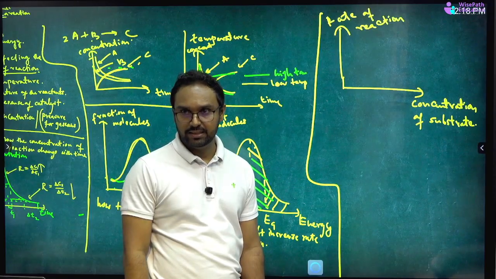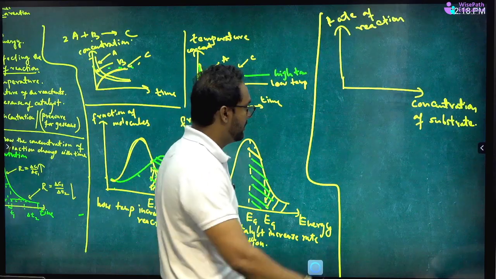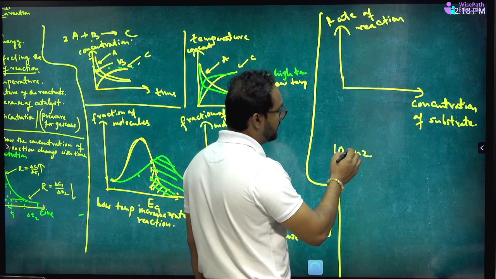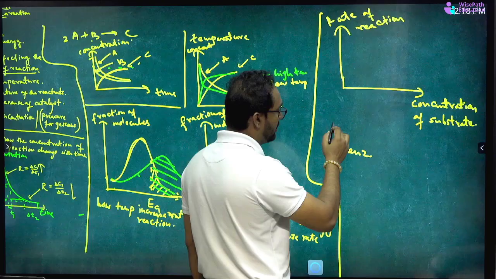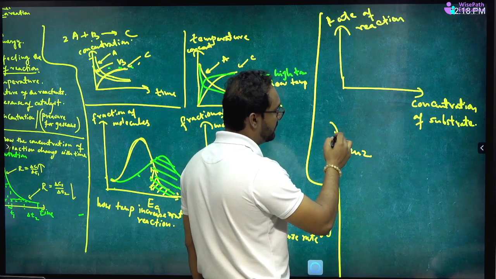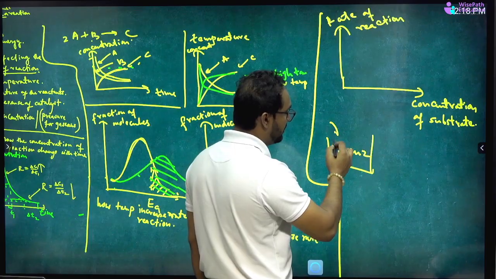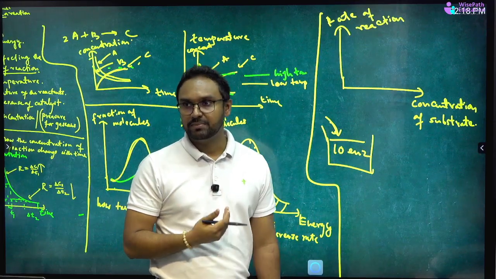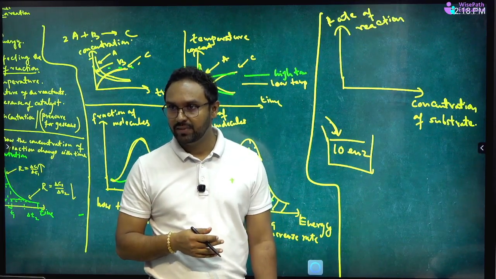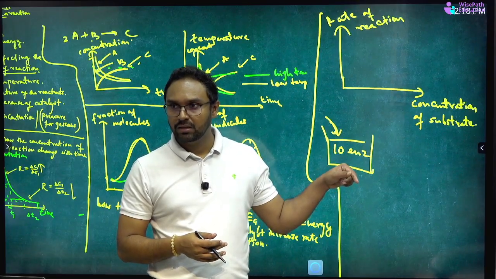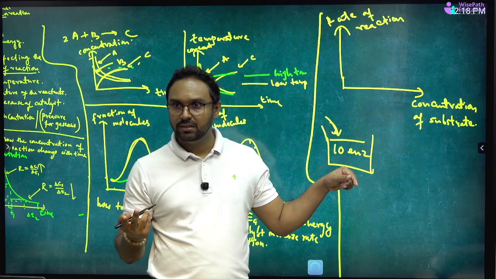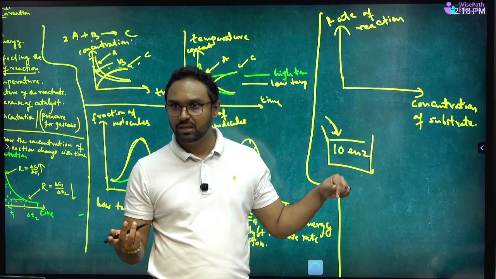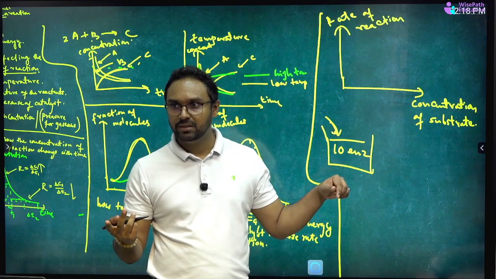At the beginning, there are 10 enzymes, and I'm only putting one substrate. So what will happen? The substrate will be reacted. If I put two, two of the enzymes will come and react and finish. If I put three, three of the enzymes will come and react.